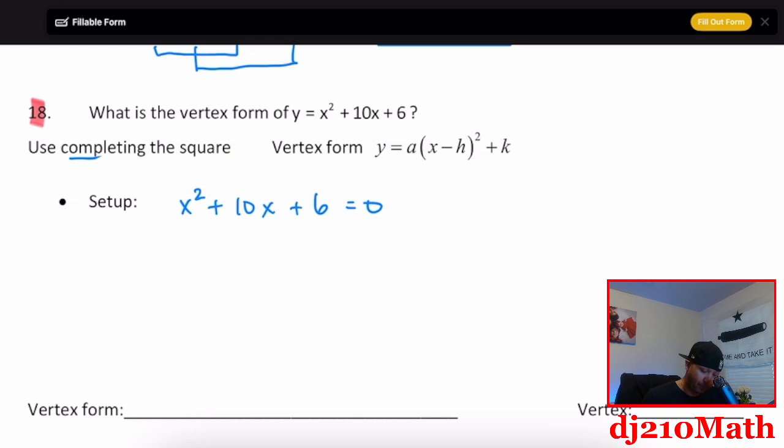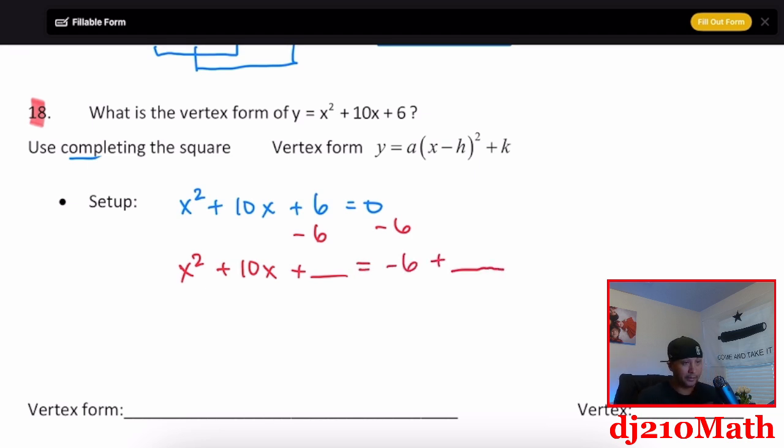First step I do, I move the constant to the other side. So we get x squared plus 10x plus something, because that figure moved, but I'm going to replace it with something here in a minute, is equal to -6.